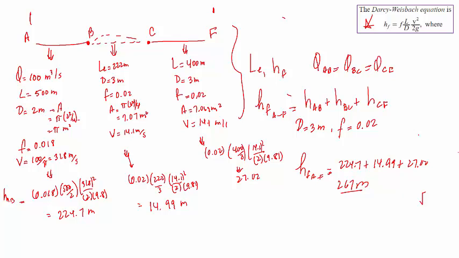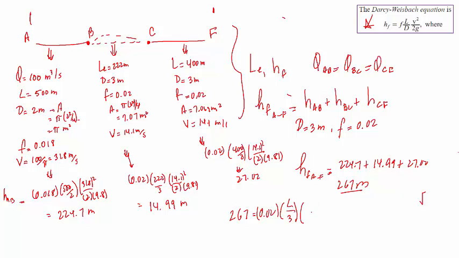Well, we can use again Darcy. Using Darcy, we say the head loss is 267 meters equals the friction factor, because it was given, 0.02, times the length, which is what you're going to calculate, over the diameter, which was given, 3, times the velocity squared.